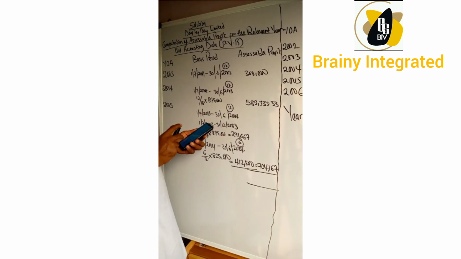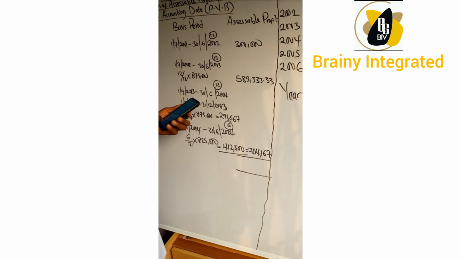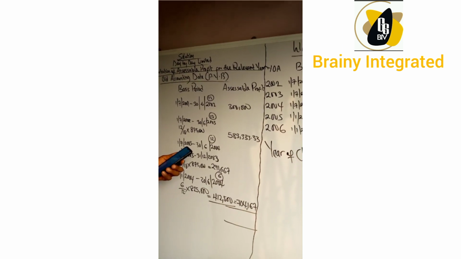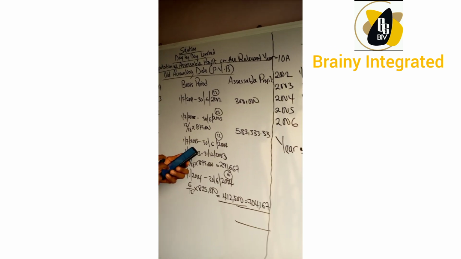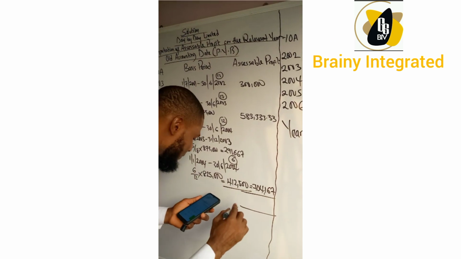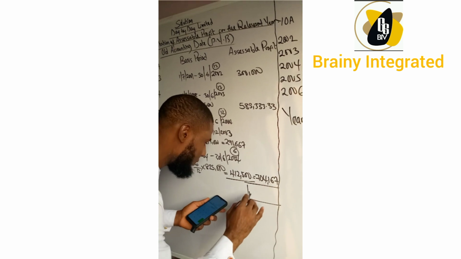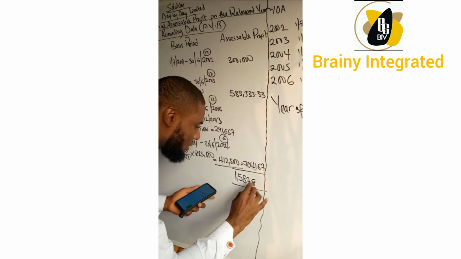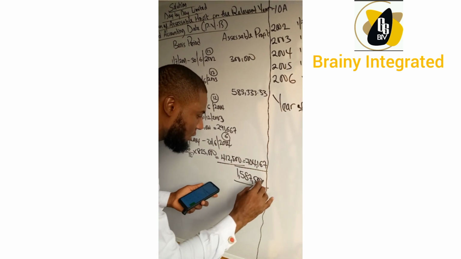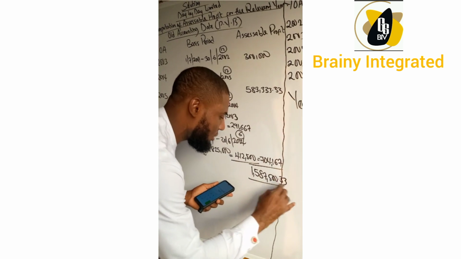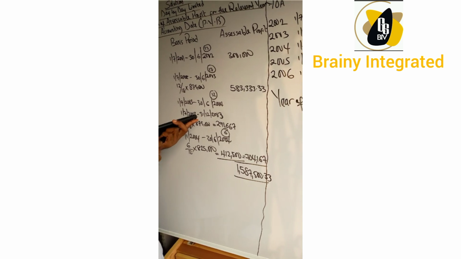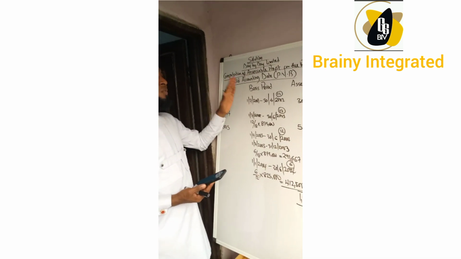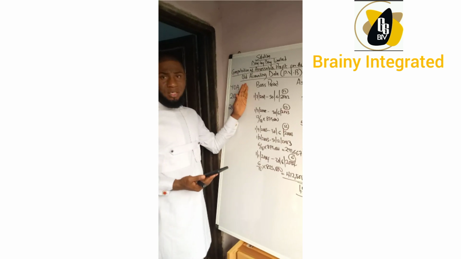So 704,167 plus 300,000 plus 583,333.33 will give me 1,587,500.33. So that is how to compute the assessable profit for the old accounting dates.